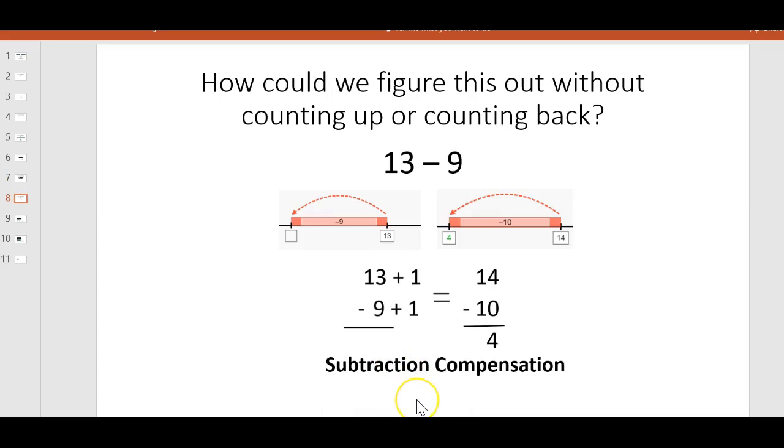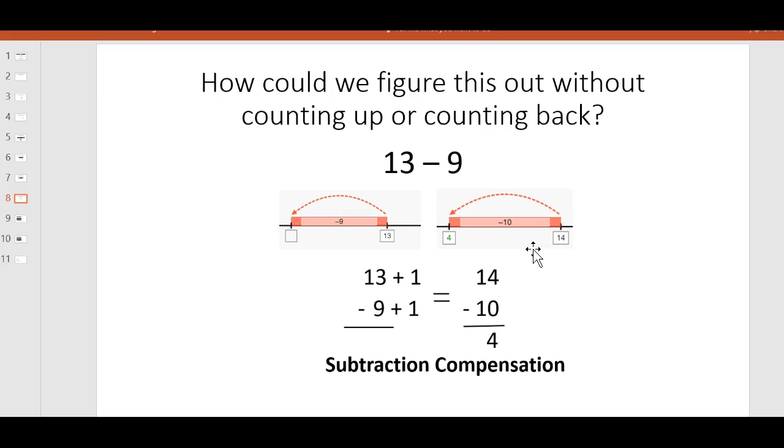And I went ahead and already created this model using the Math Learning Center's number line applet. And so what you can see is that I started with 13 on a number line, and I jumped back 9. And then if I don't know 13 minus 9, that's not that convenient.